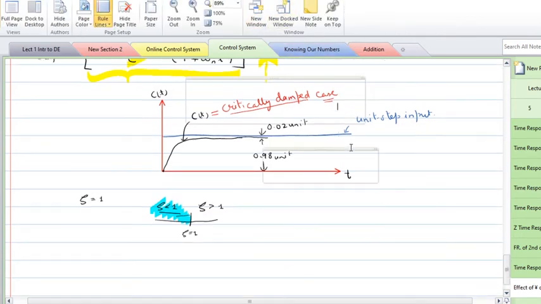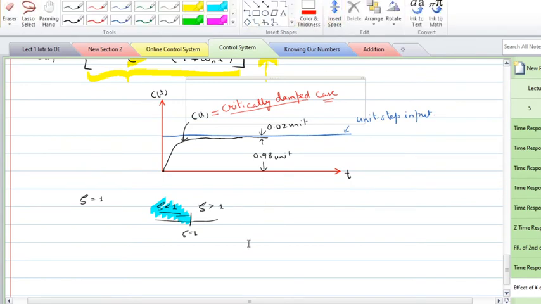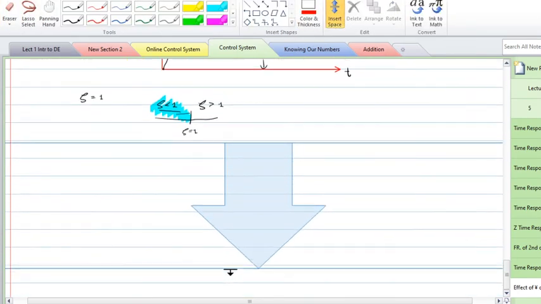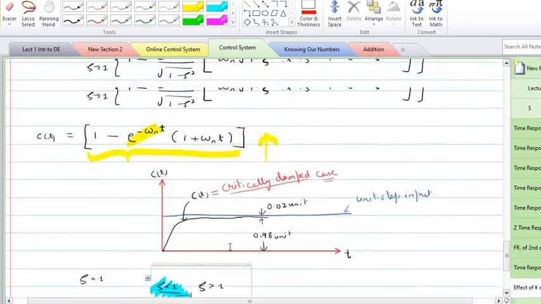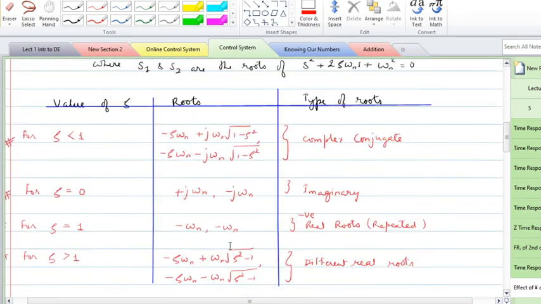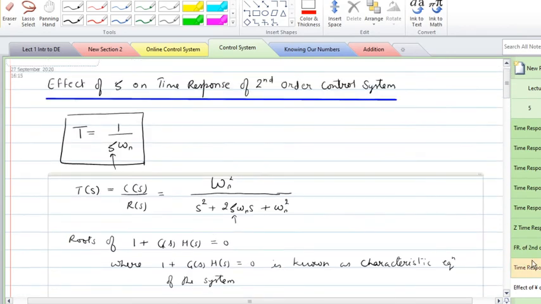Now, finally, if we find out the response for case 4, that is for zeta greater than 1. As zeta less than 1 will have some oscillations, but it is underdamped. Here you can say that damped oscillations were present in this particular case.